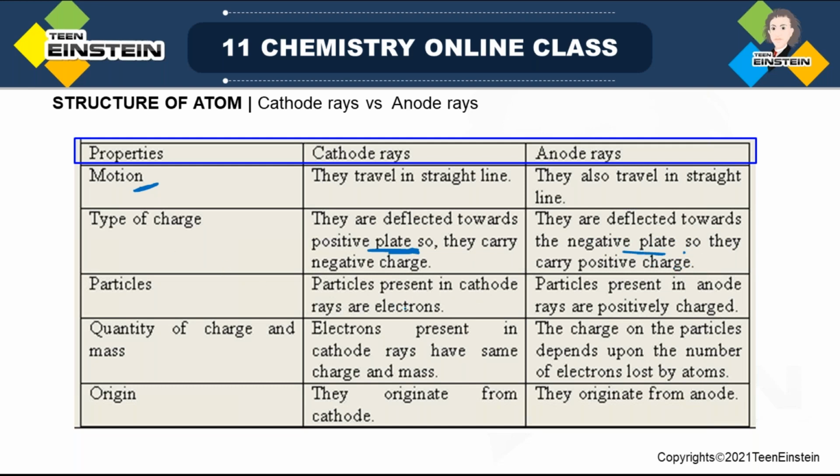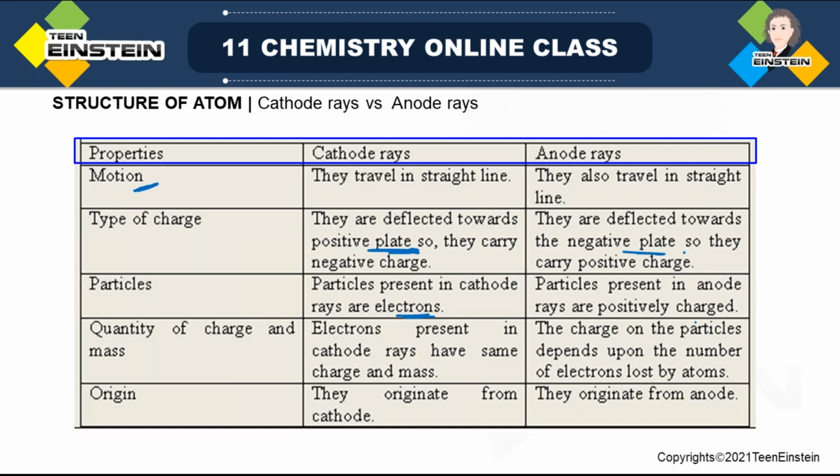The particles present in cathode rays are basically electrons. So though we are calling it a cathode ray, actually these particles are known as electrons. And for anode rays, the particles present are basically known as, you can say, protons, because positively charged particles we call protons, right?